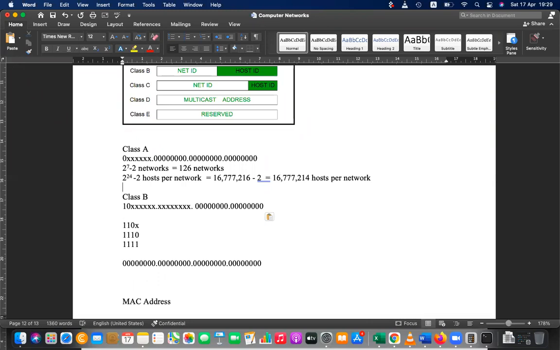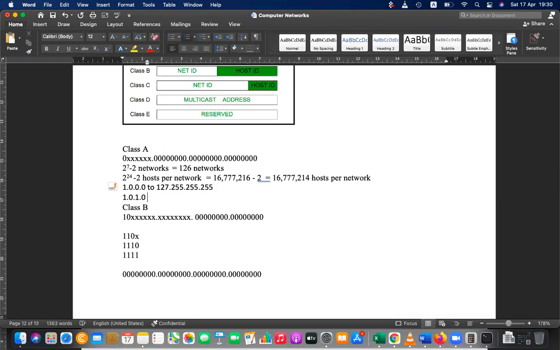You have to start from 1.0.0.2. You can change this to the maximum, and the maximum host number will be 255.255.255.255. That is the maximum that you can do in class A networks.